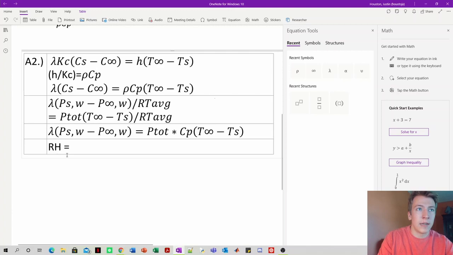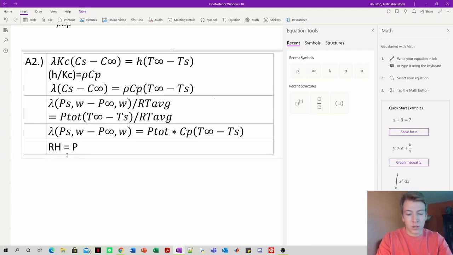RH for relative humidity is going to be equal to the partial pressure of the water at the surface of the water, I'll just keep it the same, divided by the partial pressure of the saturated vapor of the water at the temperature of the water as well.